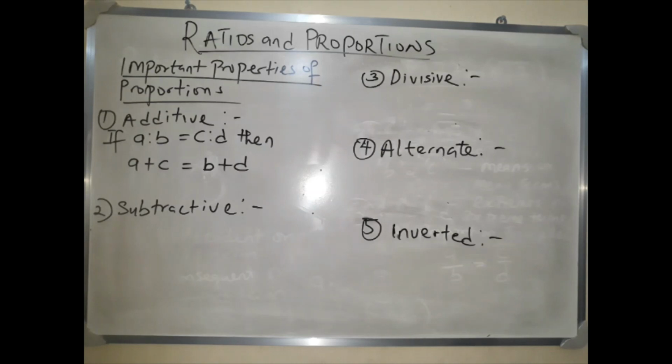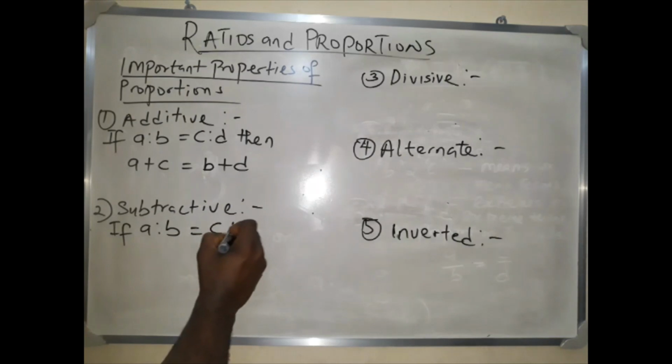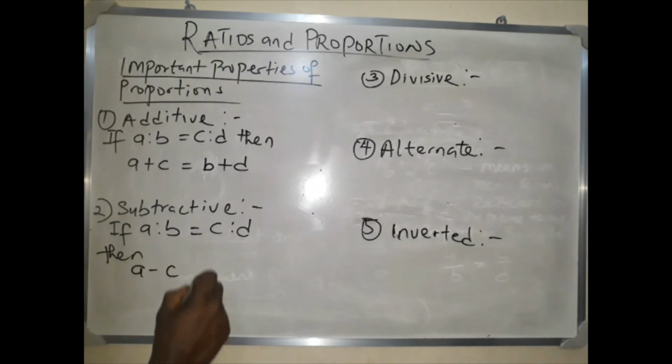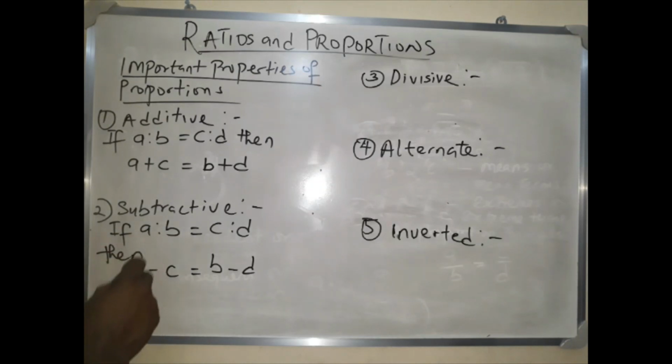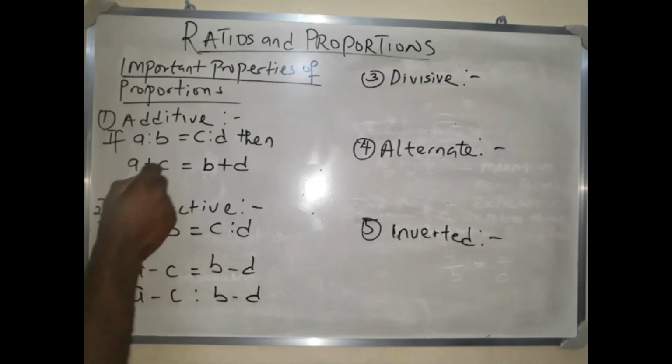Now let's go to the second property, which is the subtractive property. The subtractive property says if you have two ratios in which A ratio B is equal to C ratio D, then you can convert it such that A minus C will be equal to B minus D, or we can say A minus C ratio B minus D. The same thing applies to this one.